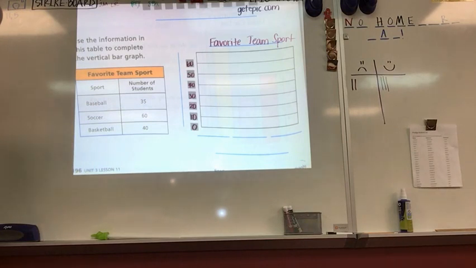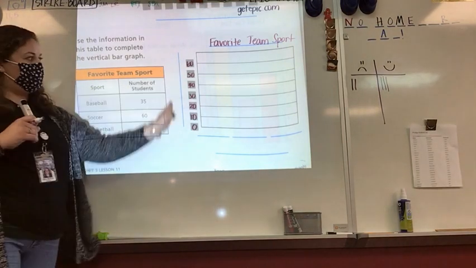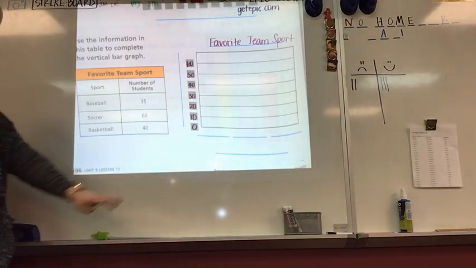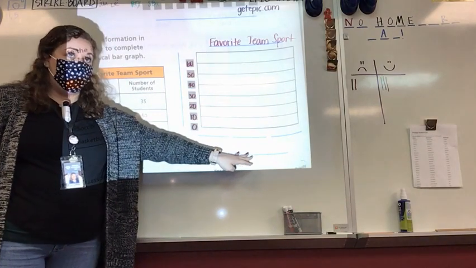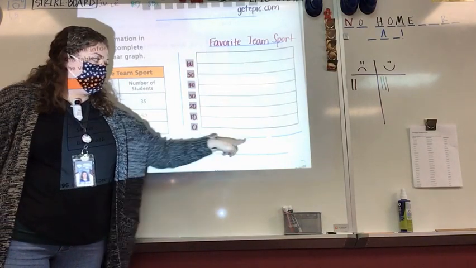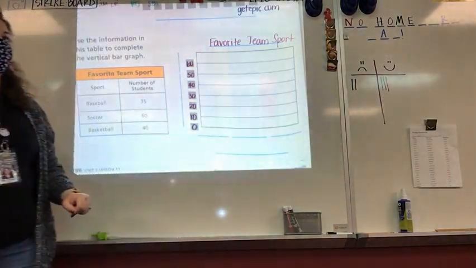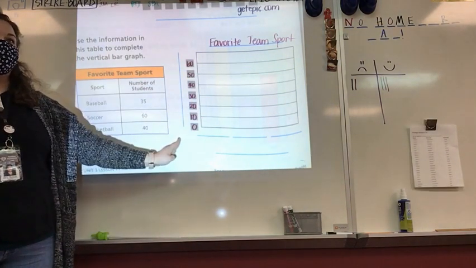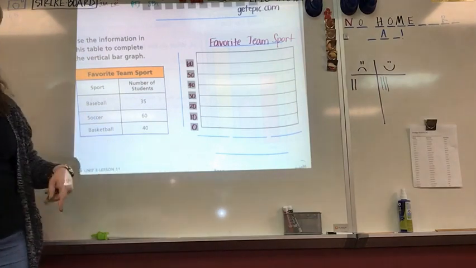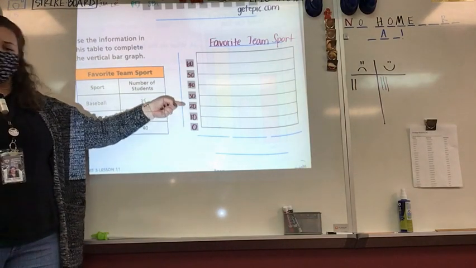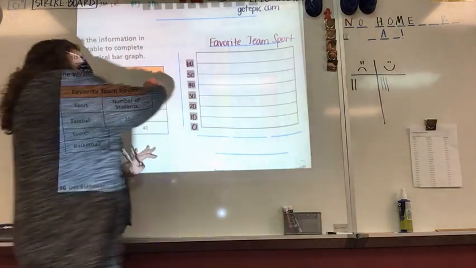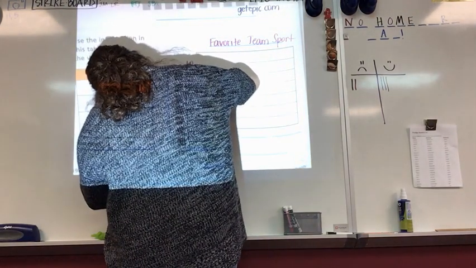Number of students. Good. Would that be my label for this side or the bottom label? So my number of students is going to be here with my word labels? Or would it go with my numbers? Probably with my numbers, right? When we're checking the numbers, that would be telling us the number of students, right? So we'll write that and we write it sideways.